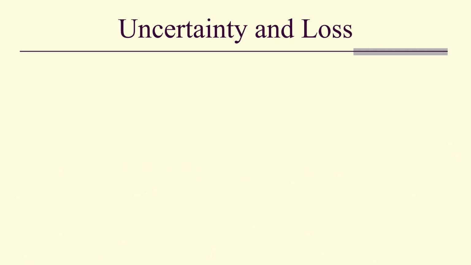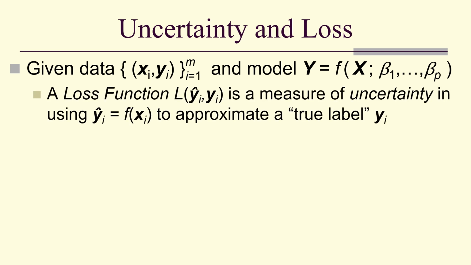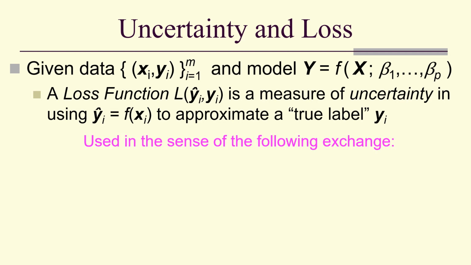Now we can play a game after we define concepts of uncertainty and loss. So given data and a model, a loss function is a measure of uncertainty in using the model to approximate a true label. Now we're using loss in the sense of this following exchange, for example.